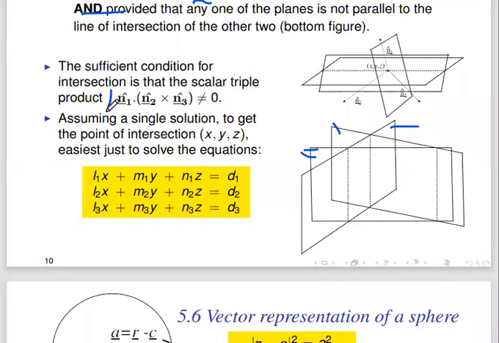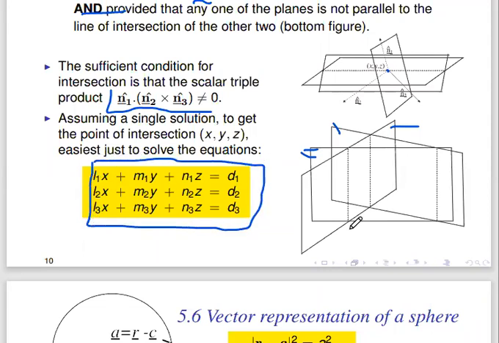If the scalar triple product is not equal to 0, that means you are able to find this single point. That means this system has a unique solution. Otherwise, this system does not have solutions.